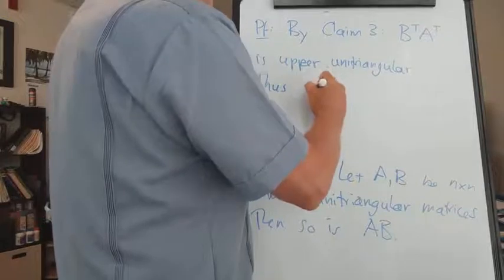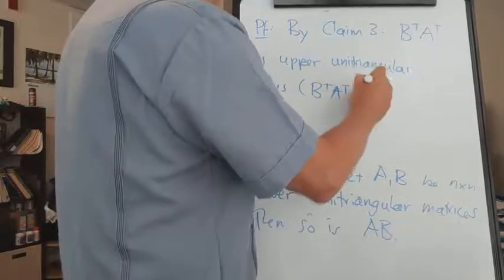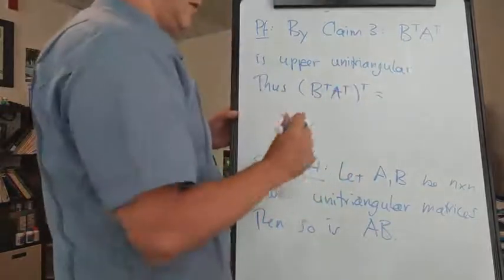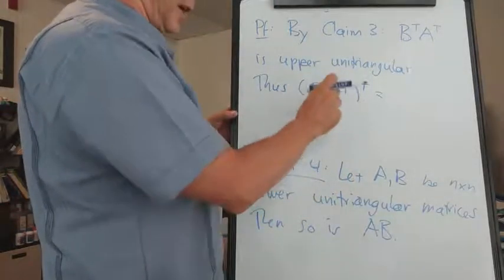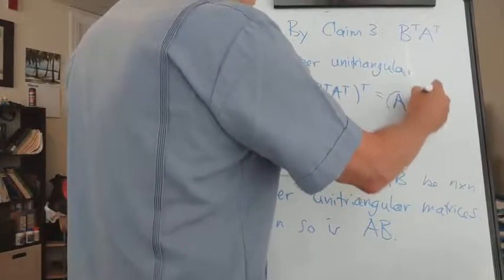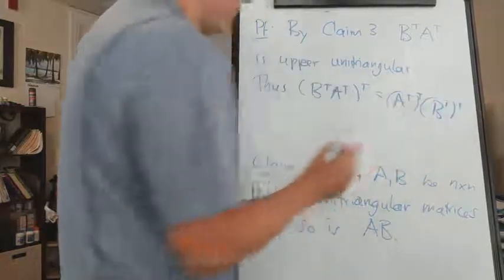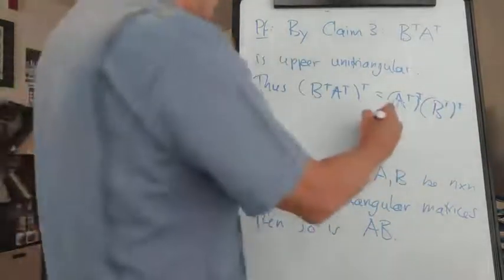And then if we take the transpose of this, again, when we take a transpose of a product, we have to reverse the order and take the transposes in that order.